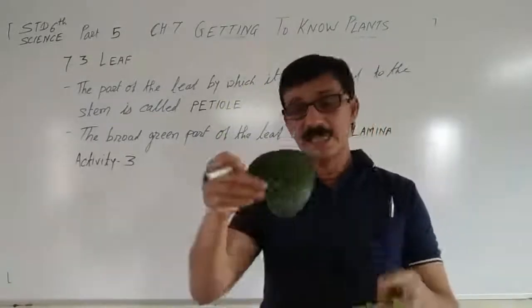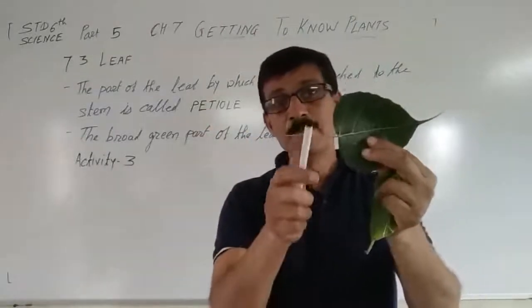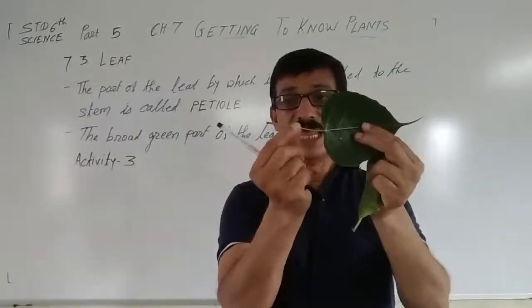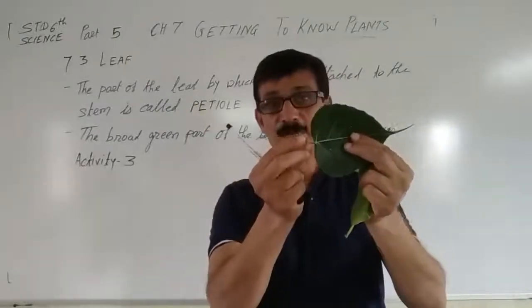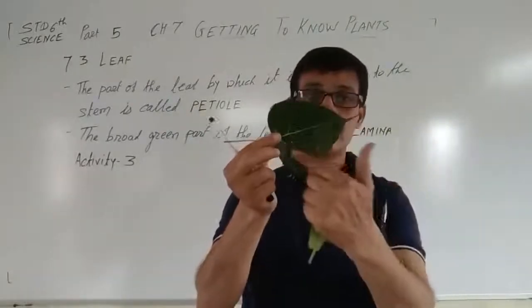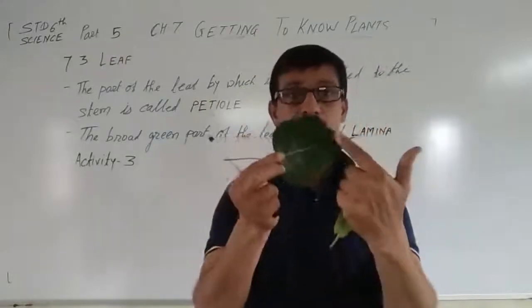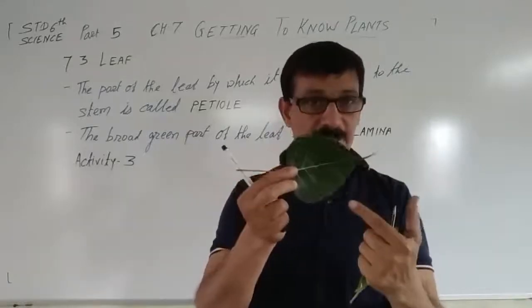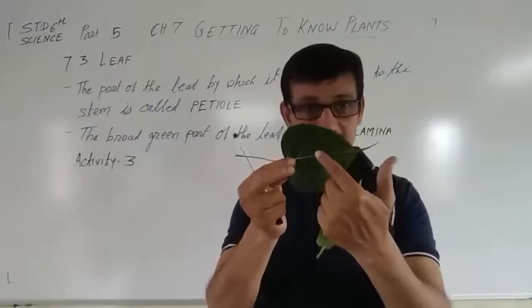See, in this you can see this one is a petiole. Why? Because it is with the help of the petiole that it is attached to the branches. That is why this is a petiole. And this broad part, both the sides, is known as the lamina. Okay, so this is the petiole, this is the lamina.